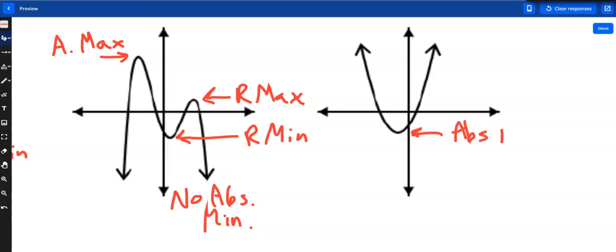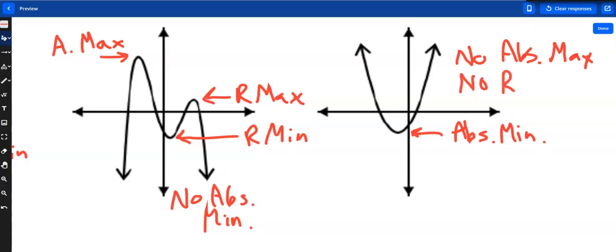Absolute min. No absolute max. No relatives. Now, the absolute min does qualify as a relative, but I think we'll try to stay away from that and not confuse people.